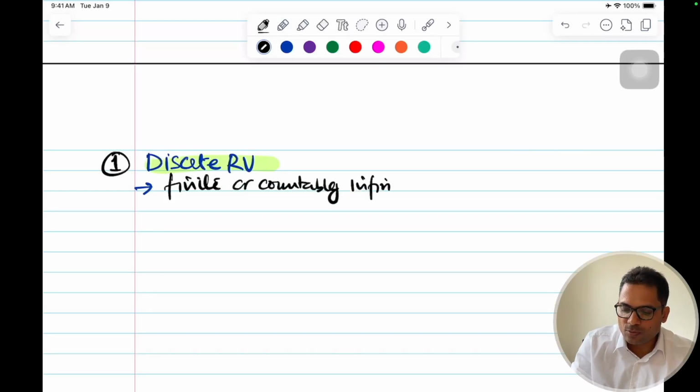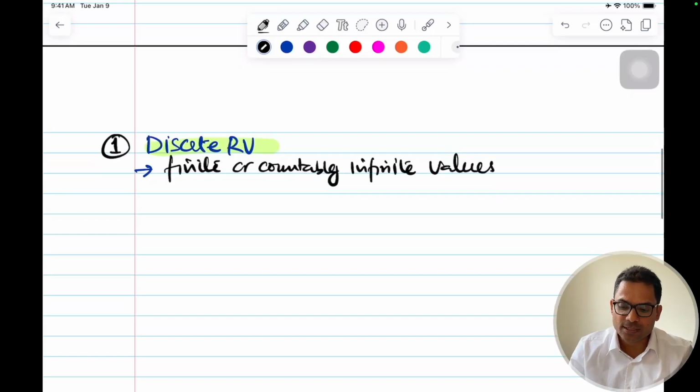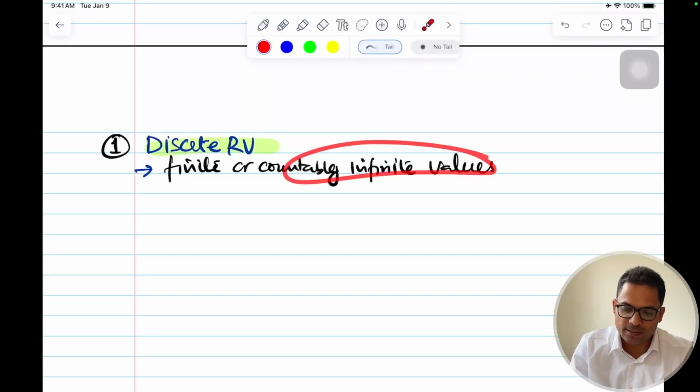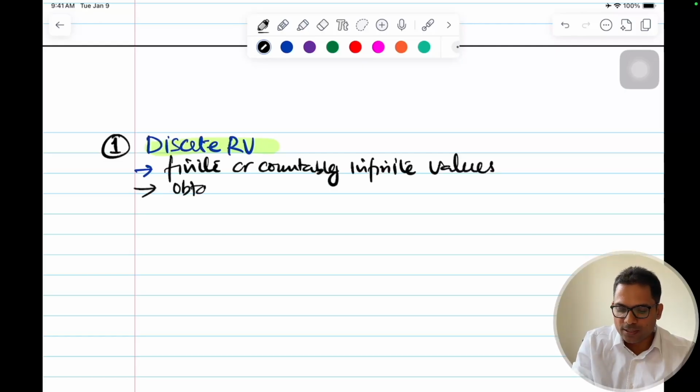It's possible to count countably infinite values. That is your discrete. The main point here is that the values are often obtained by counting.